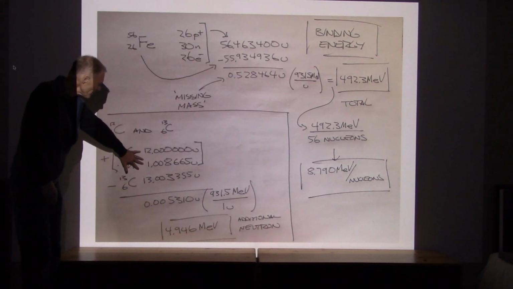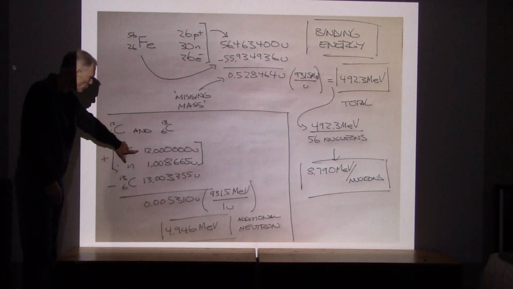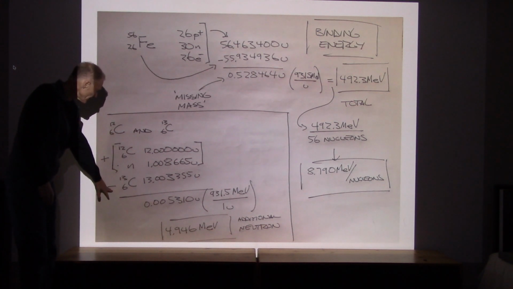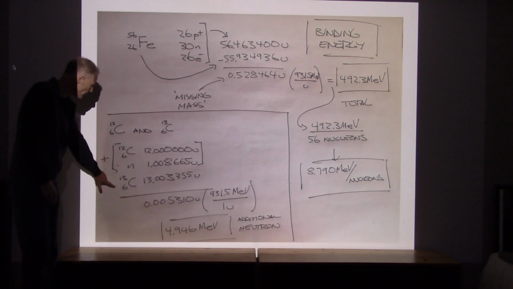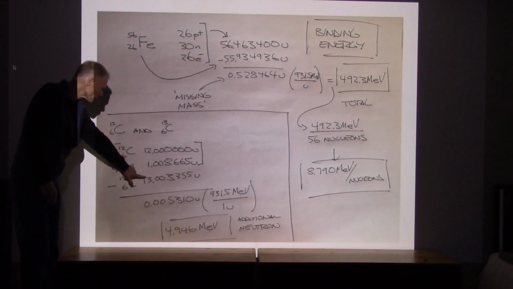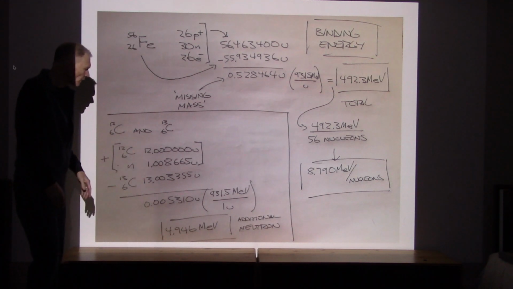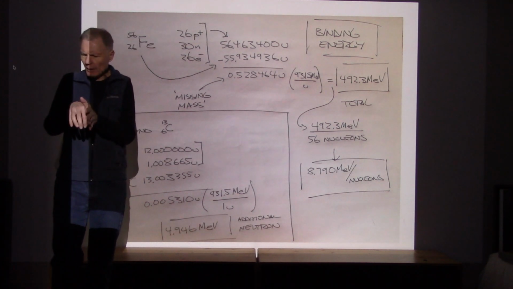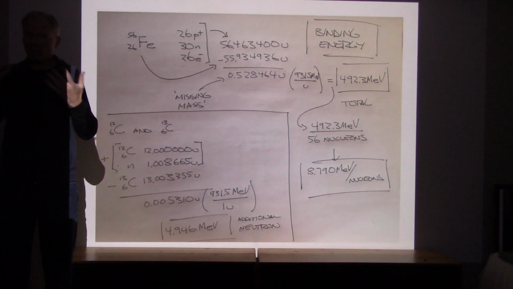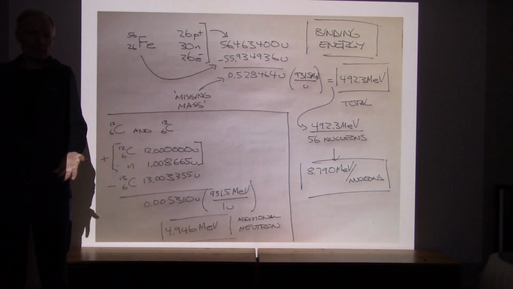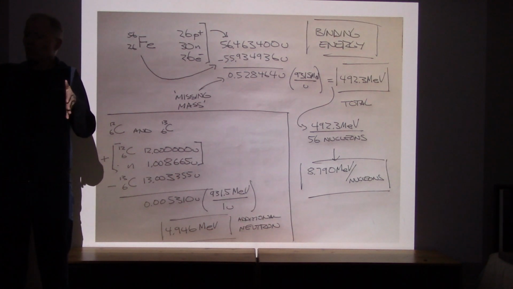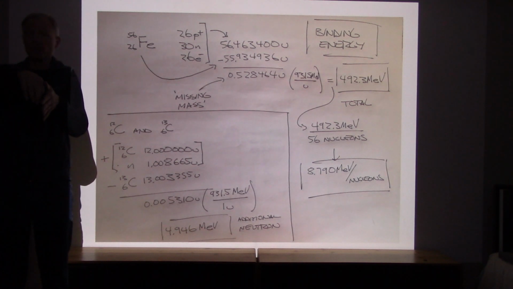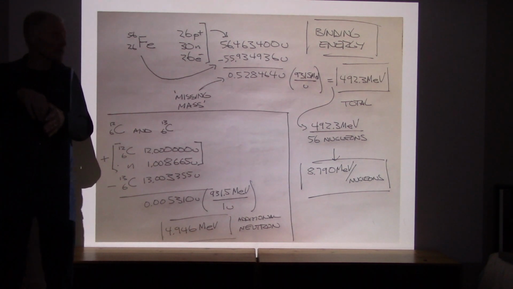So I combine the mass of a neutron and a carbon-12, added those together, and then I'm going to compare that with carbon-13. What I'm actually going to do is subtract this. And what I'm finding is when that neutron comes in, it's an explosive, energetic process. It's not like the neutron just comes in and sticks, and that's the end of the process.